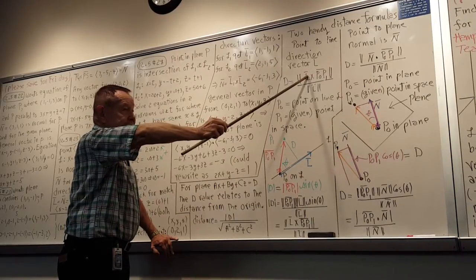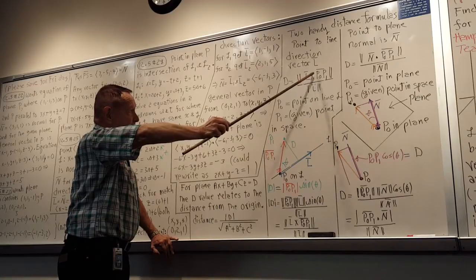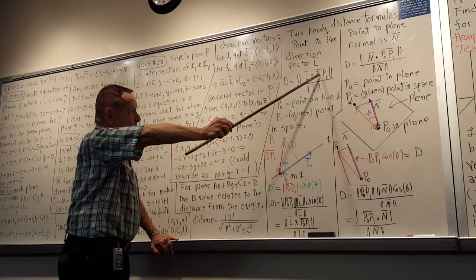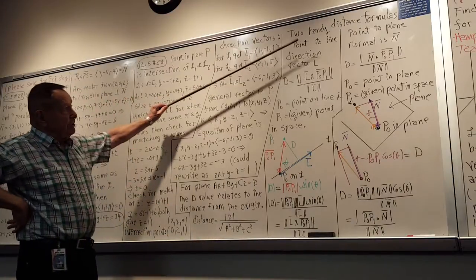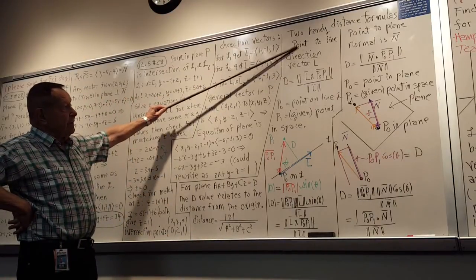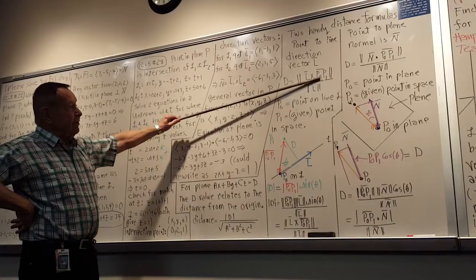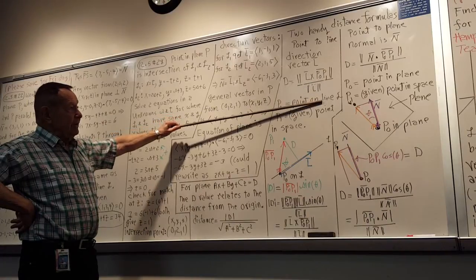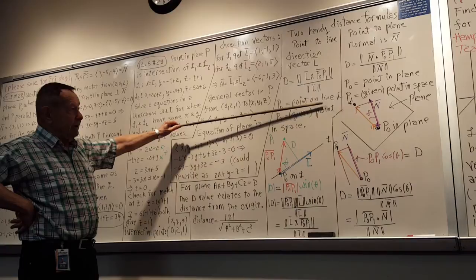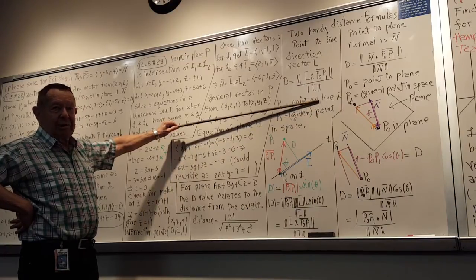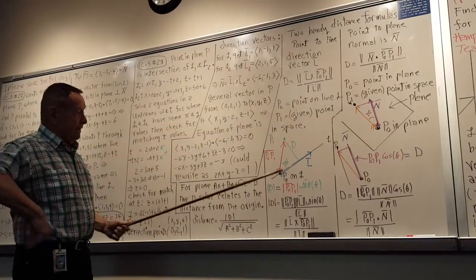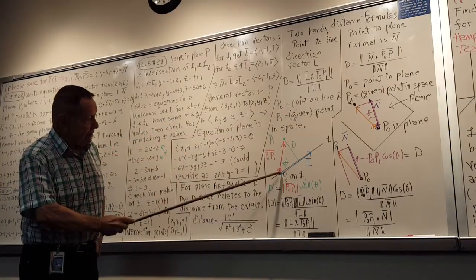You get the direction vector for the line cross with P0, P1. Okay, now P1 is your given point, and P0 can be any point on the line. It wouldn't matter what point you take. You just have to figure out a point on the line and see what you're doing.